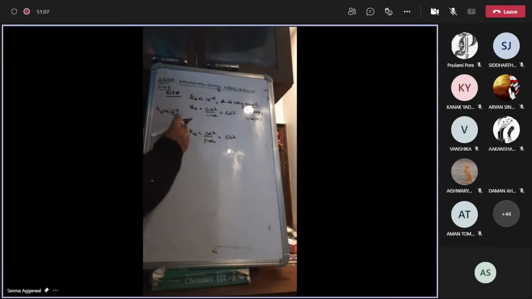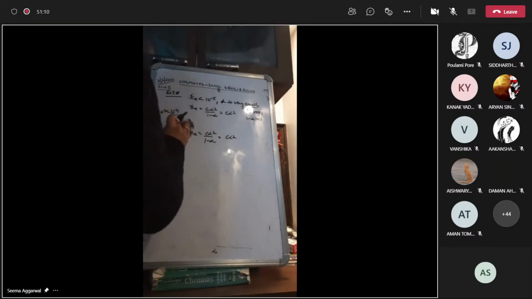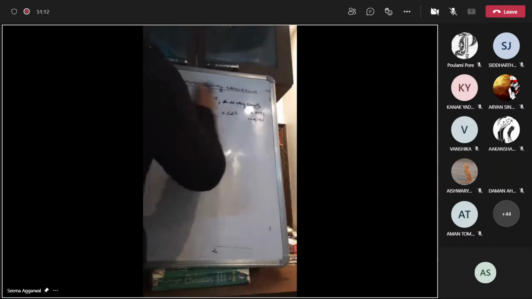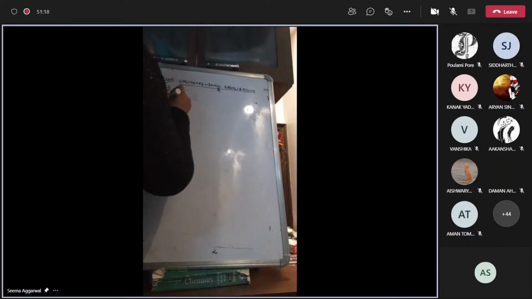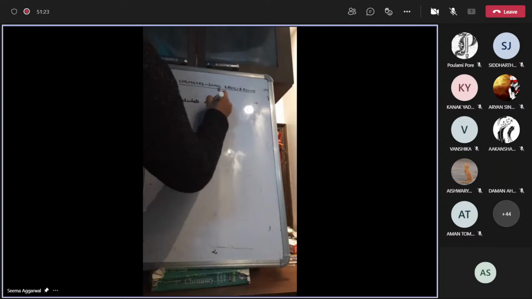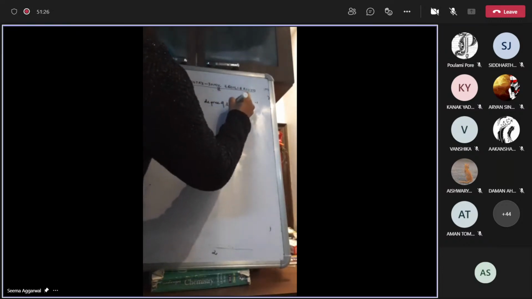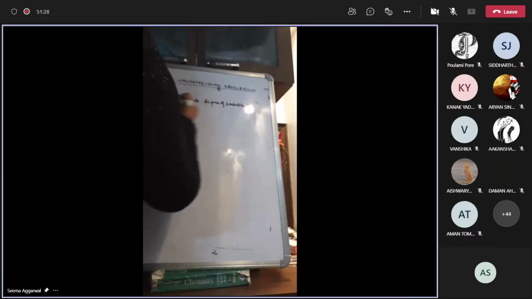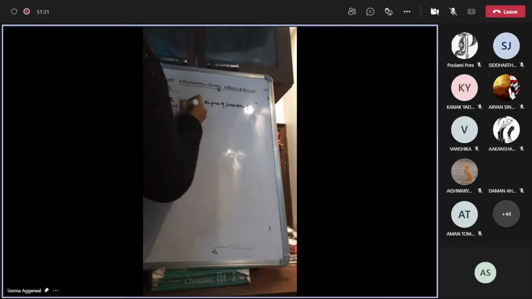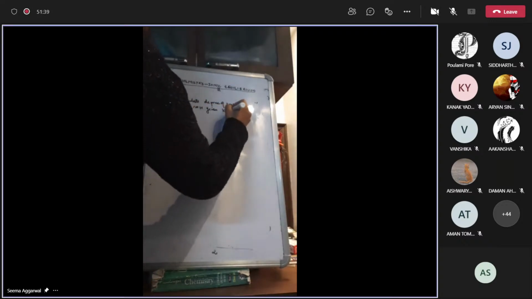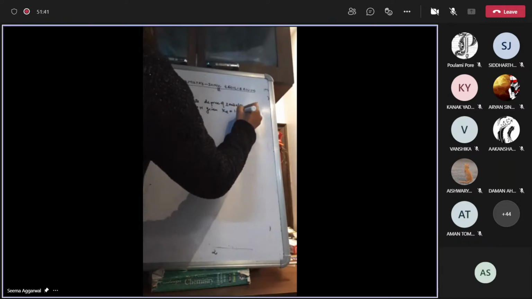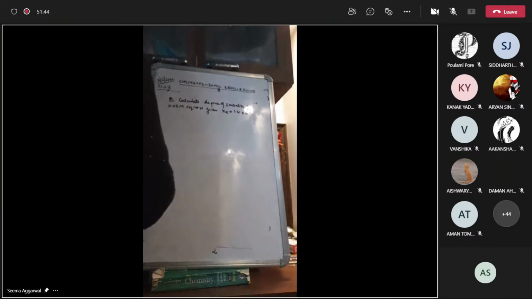Okay, write down this question. I am forming my own question. Question is, calculate the degree of ionization, degree of ionization means C alpha, of 0.05 molar acetic acid, given Ka is equal to 1.4 into 10 to the power minus 4.